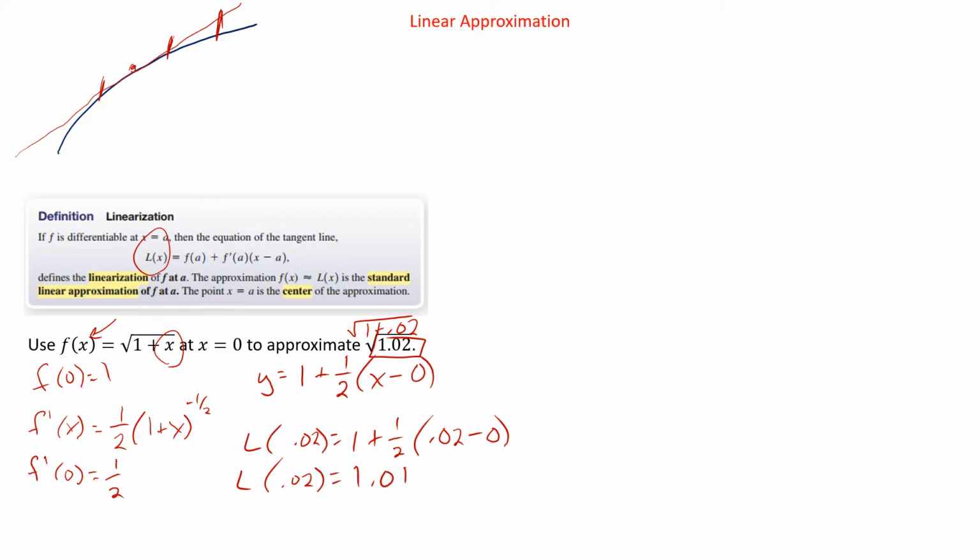So if we take the square root of 1.02, we should get about 1.01. Now, it's not going to be exact. You can find the exact value using your calculator to see what that difference is.